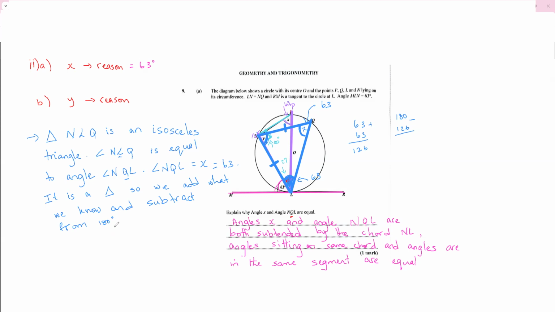Depending on your time, we could have just shown the working instead of explaining it, if you don't have enough time.